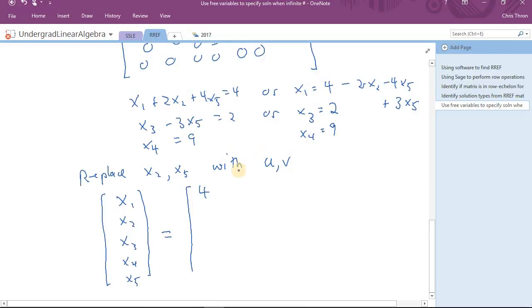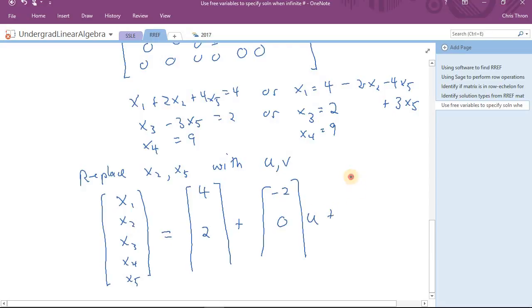Okay. So I start out with 4. The second equation is x3. So I want to put a 2 here. All right. First equation is for x1. This x2 has been replaced with a u. So here I have x1 equals 4 minus 2u. My equation for x3 is 2, and there's no u's at all.